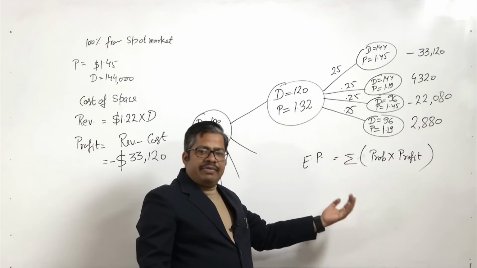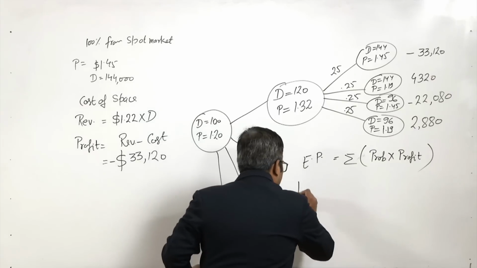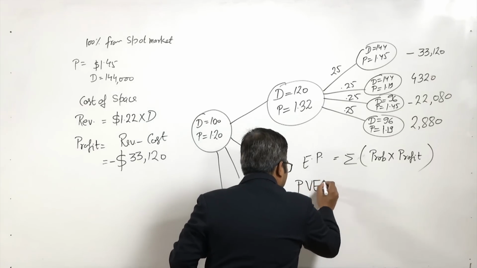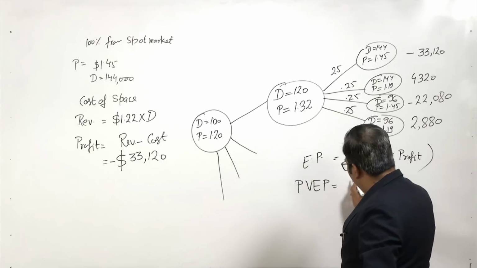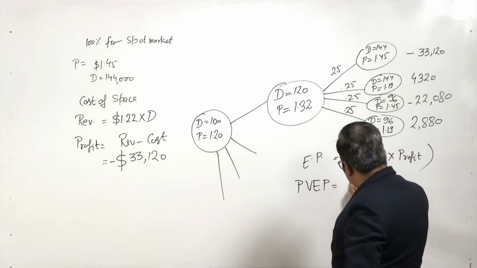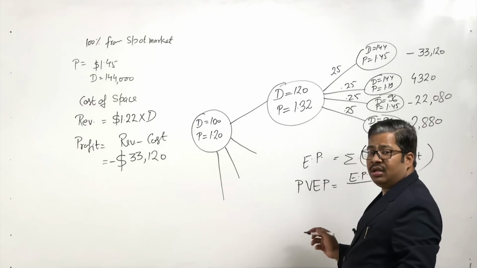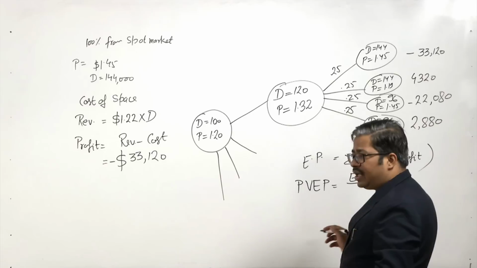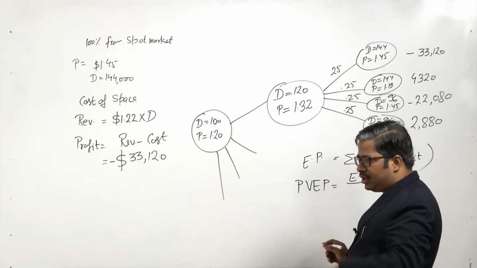So, the present value of this expected profit, I will add the present value of expected profit, this fraction, and then this present value of expected profit is expected profit multiplied by the discounting factor, and the discount factor is represented by k in our case.